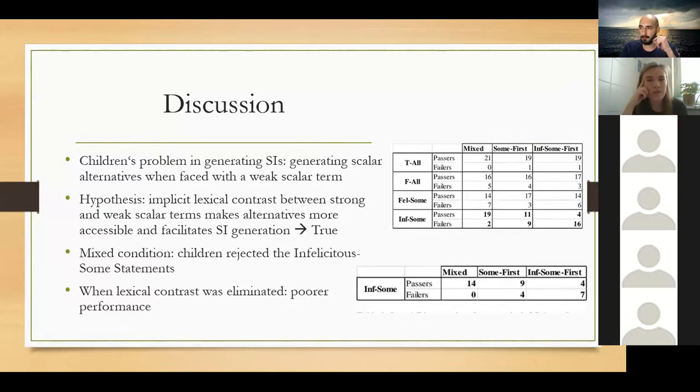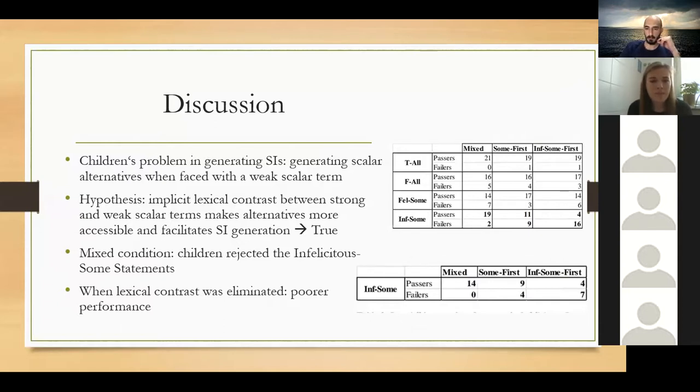So in the beginning, we said that children's problem in generating scalar implicatures often lies in generating scalar alternatives when they are faced with a weak scalar term. And our hypothesis was that implicit lexical contrast between strong and weak scalar terms makes these alternatives more accessible, and therefore also helps to facilitate the scalar implicature generation.